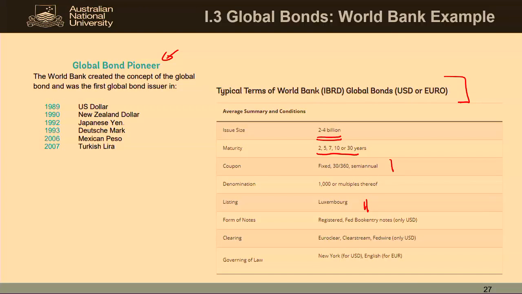A lot of the bonds are listed on the Luxembourg Stock Exchange. And it is a registered bond. And it is cleared at a major clearing house, and it is governed by New York law for US dollar bonds and English law for the euro part of the bond. So it could come in either the US dollar or the euro. It is, in a way, a dual currency bond, which we are going to talk about in a few slides.